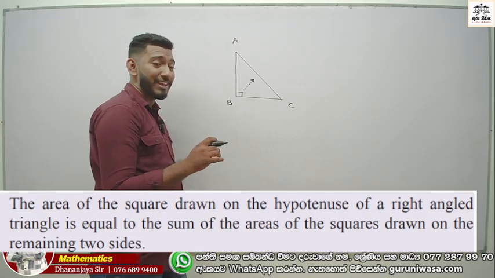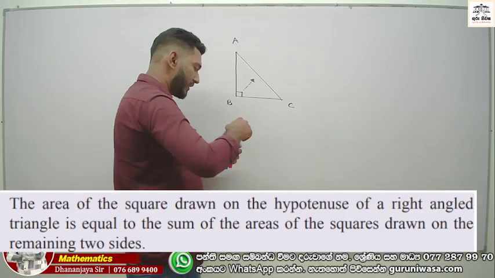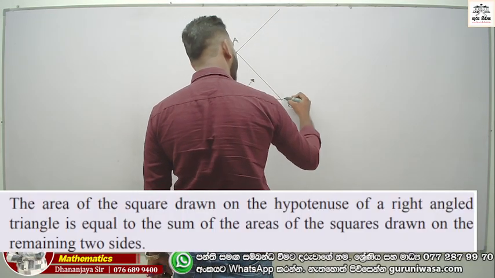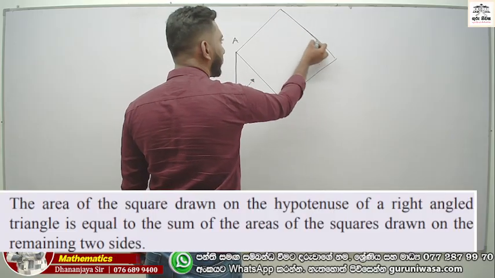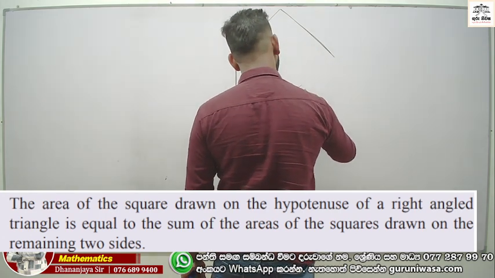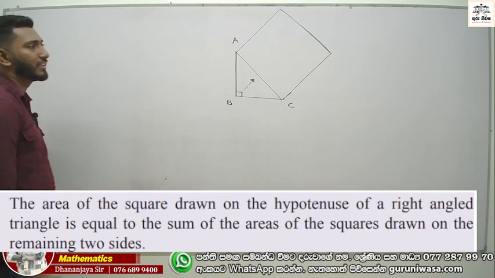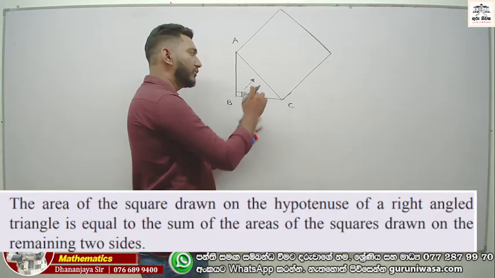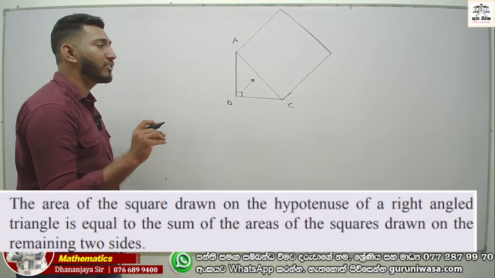Pythagoras says the area of the square drawn on the hypotenuse, like this, is equal to the sum of the squares drawn on the other sides.